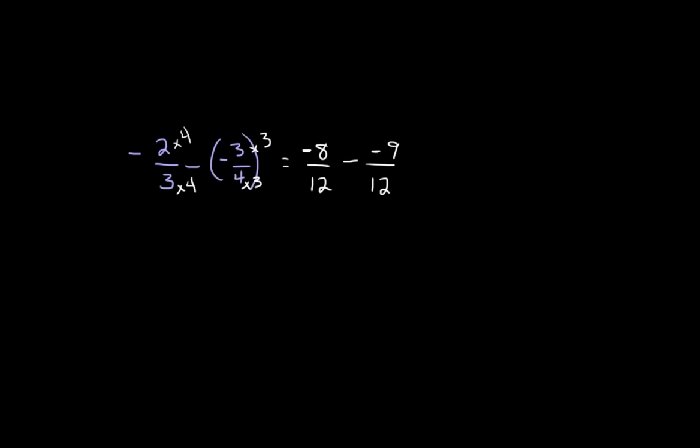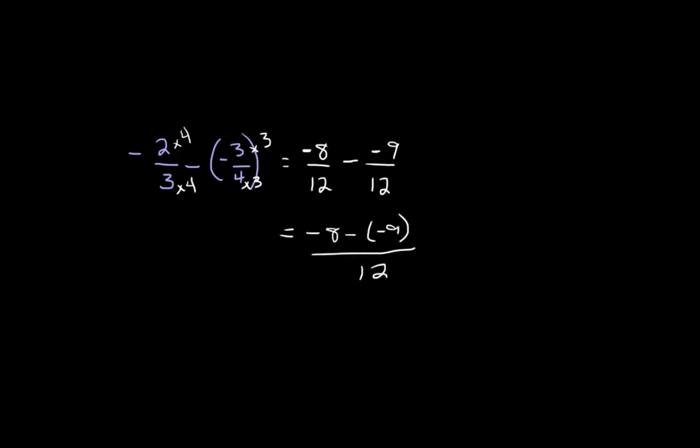If you struggle with negative numbers, you can go ahead and use your calculator. You can also rewrite it so it looks a little more clear for you, so you don't get confused. You can say negative 8 minus negative 9 all over 12.